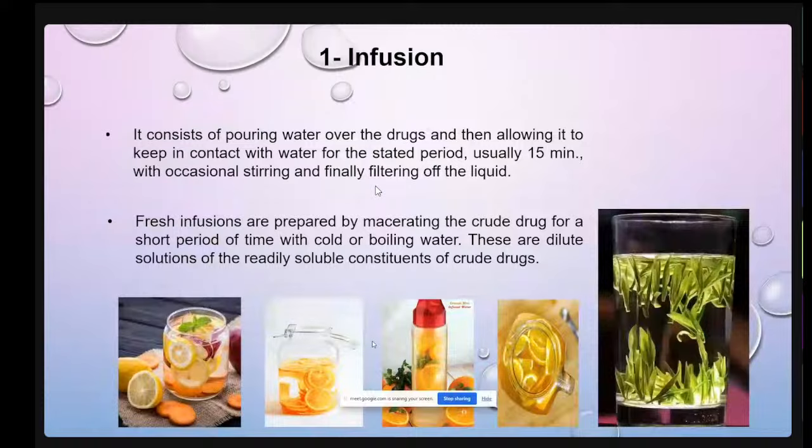So it will be infused in this water. It will take a very long time. Mainly it is used for herb and fruit infusions. Then it will be filtered and the liquid taken off.